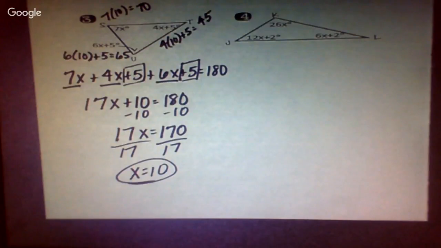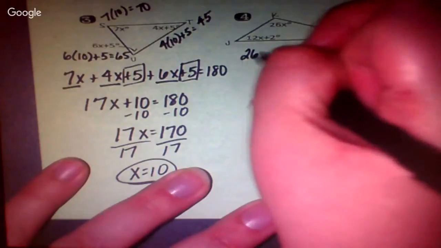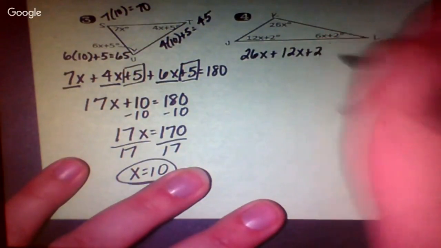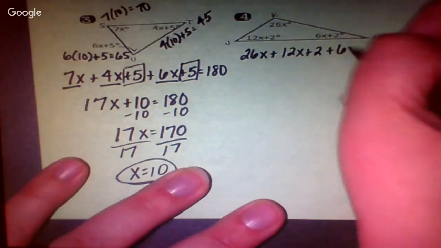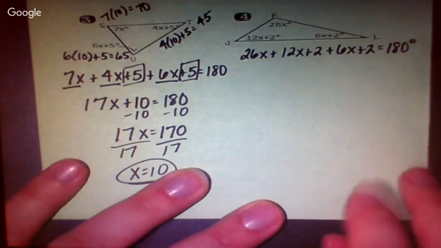So again, it's not that it's super hard, it's super long. Same thing with number 4. They give you 3 angles, add them together, set them equal to 180. So 26x plus 12x plus 2 plus 6x plus 2 equals 180.